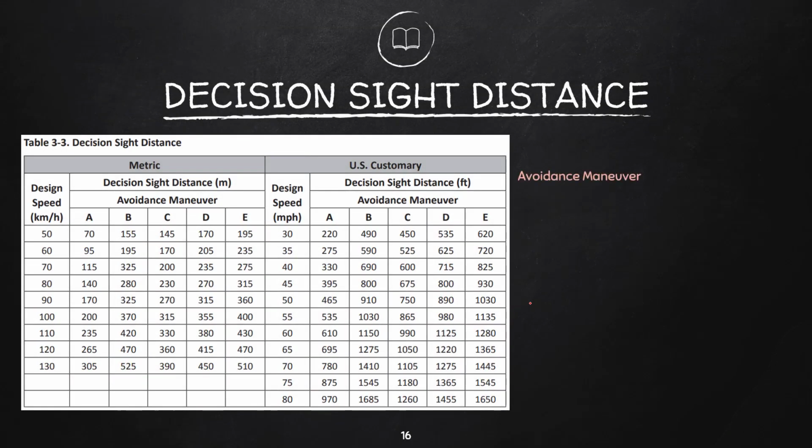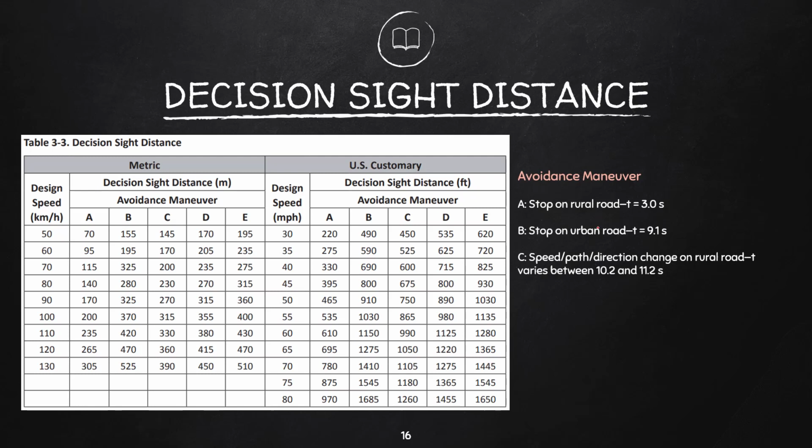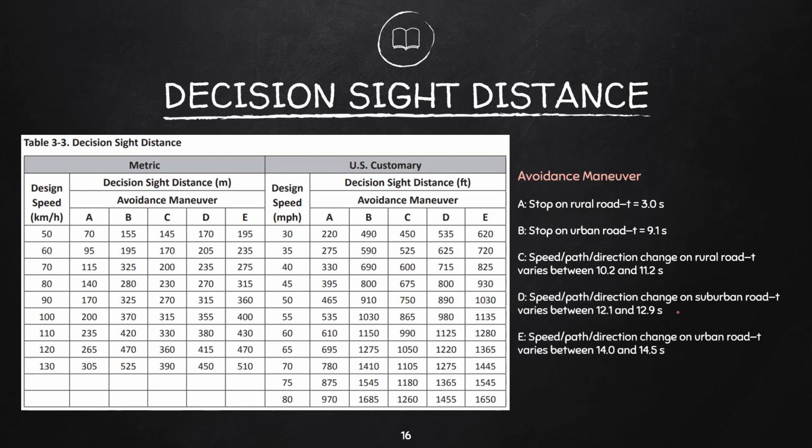I will not be giving you examples on this one. You can just base it on the examples that were given in stopping sight distances, because it is really just a matter of substituting values. You can just review that previous video that I uploaded.